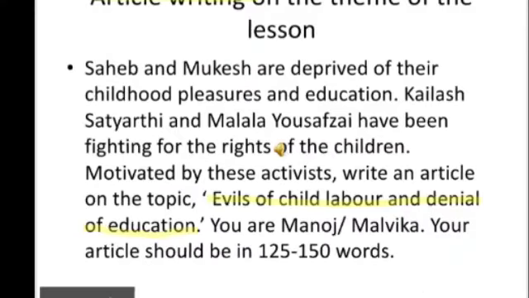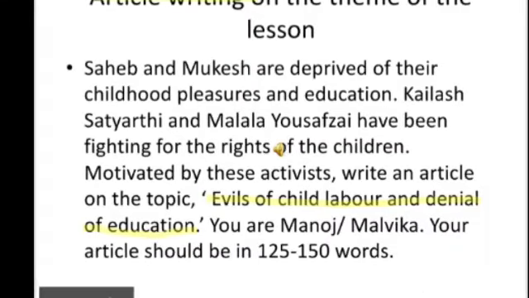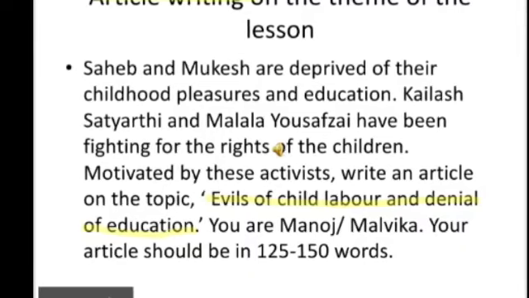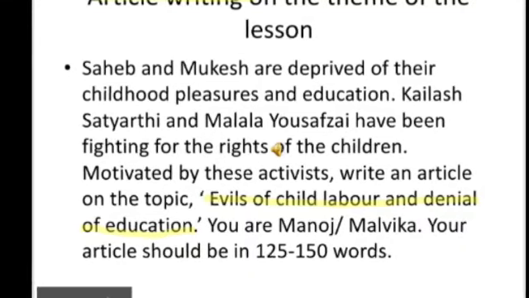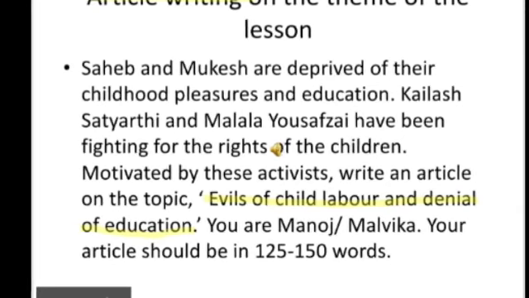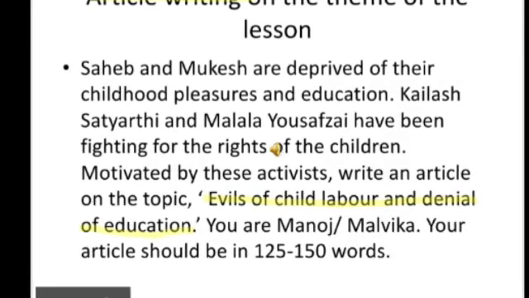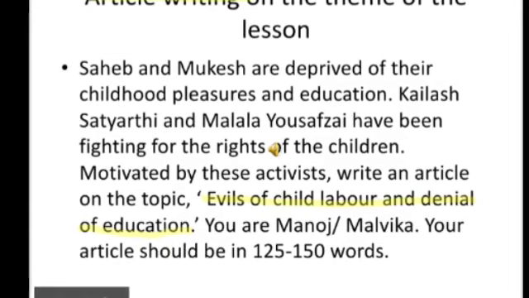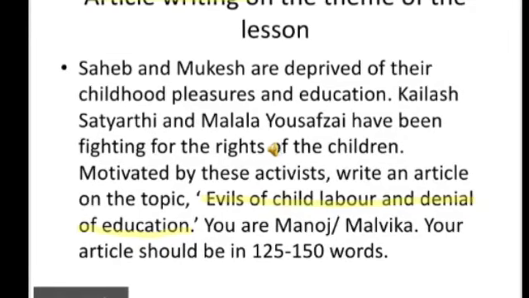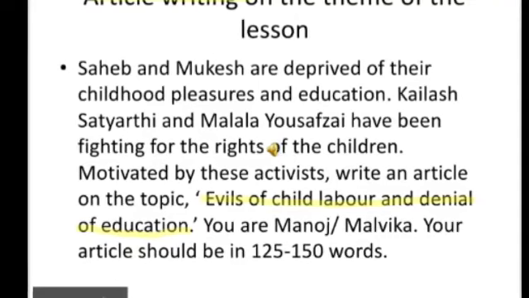This is all. Now let us relate this lesson with something that we have to do for our writing task. There will be a question on article writing. So let us write one article on the theme of the lesson. This is a task for you. You will have to do that.